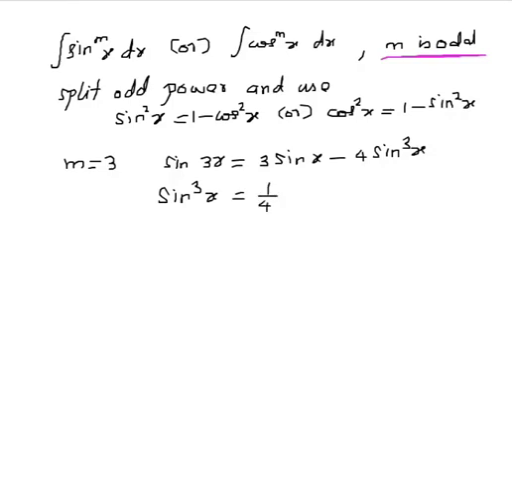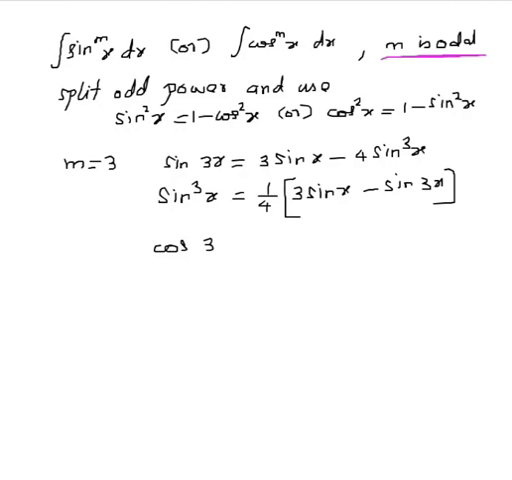Sine cube x will be 1 by 4 times 3 sine x minus sine 3x. So we can replace sine cube by this, where there is no power for the sine function. So we can integrate each term easily.